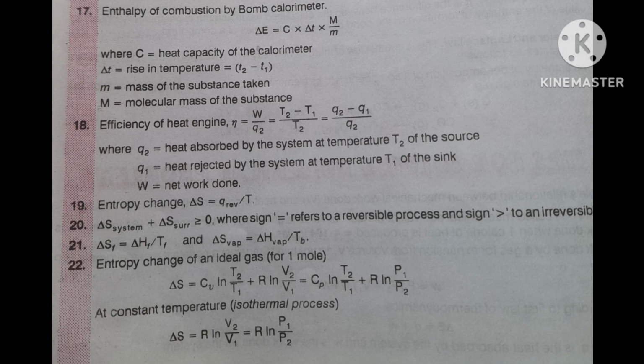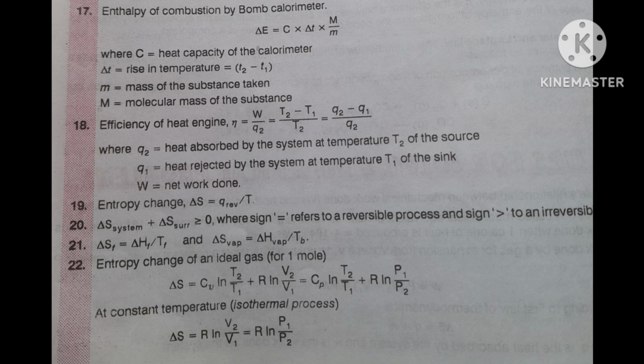One is related to temperature and the other is related to volume. Now I am telling you, delta S is equal to Cv into ln T2 upon T1 plus R ln V2 upon V1. That is the temperature term and the volume term. Both terms you have to use.